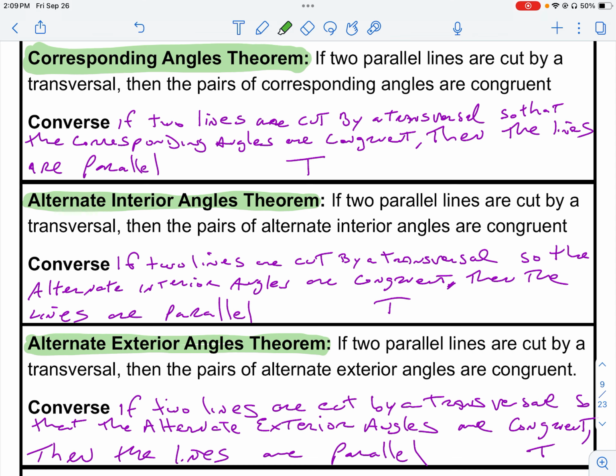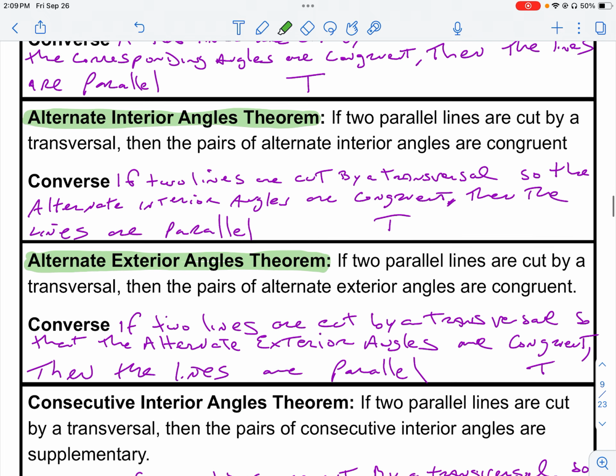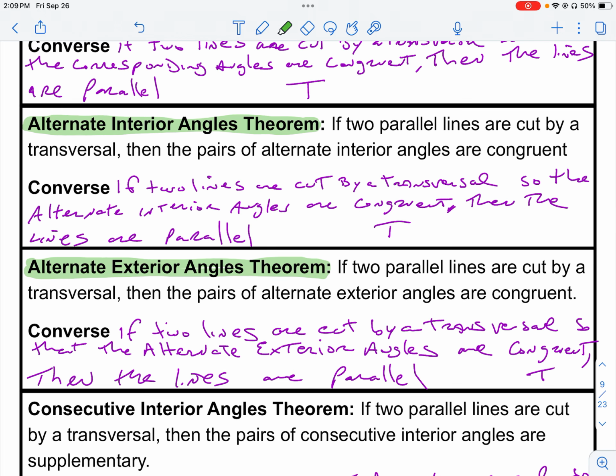So if the angles are congruent, lines are parallel. If the lines are parallel, the angles are congruent. And then let's do this last one. Pause the video, write the converse to the consecutive interior angles theorem, restart, and we'll move on together.